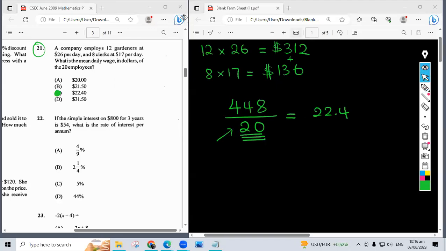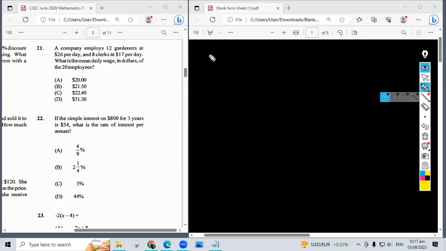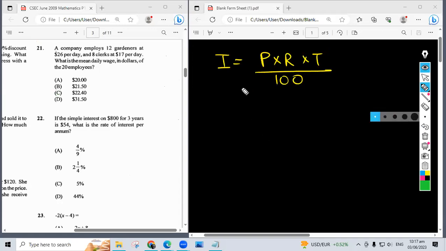Okay, so let's hope your exam comes this easy. Interest is principal by rate by time over 100. I should put R for rate. They gave us the interest.